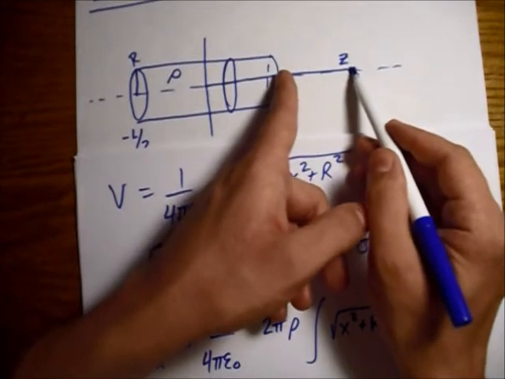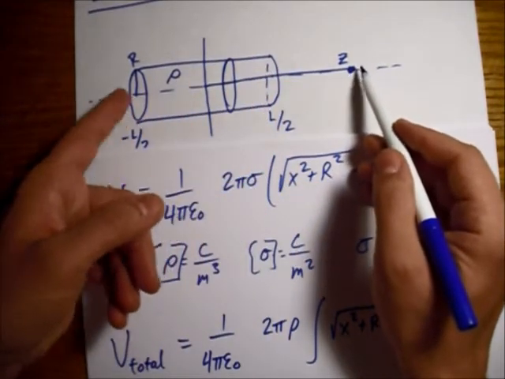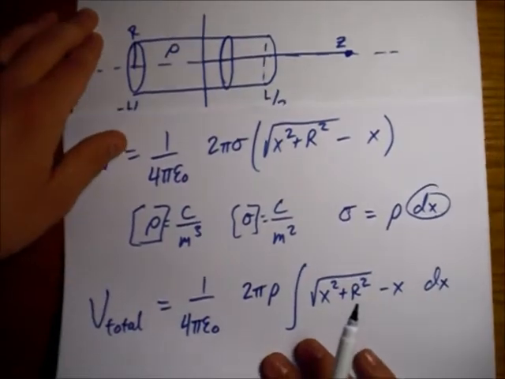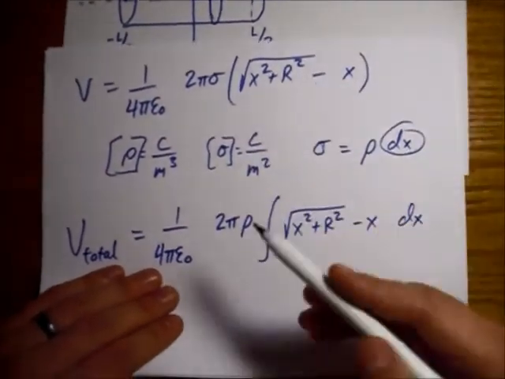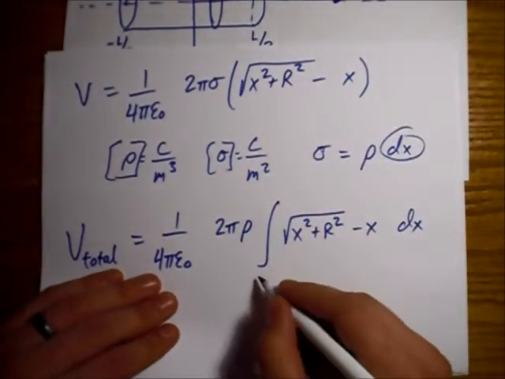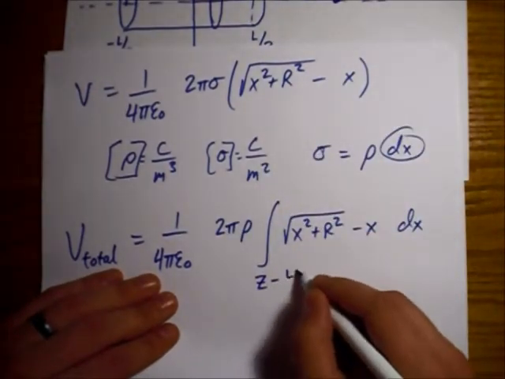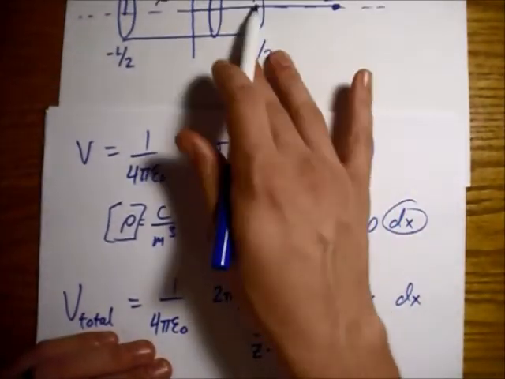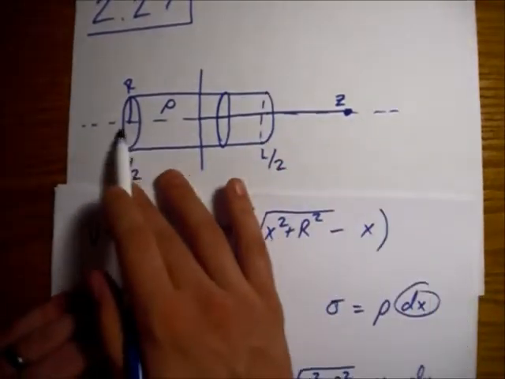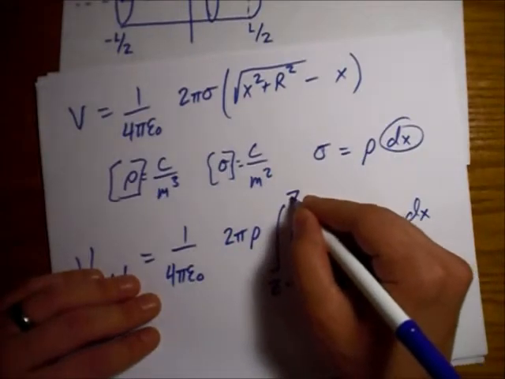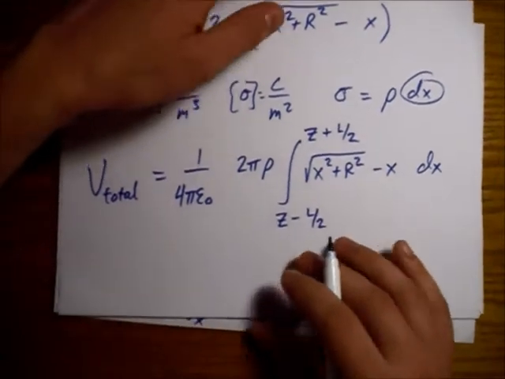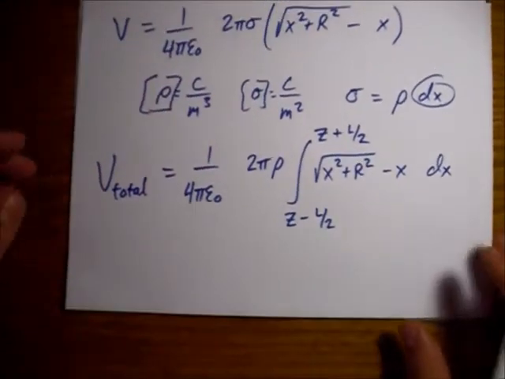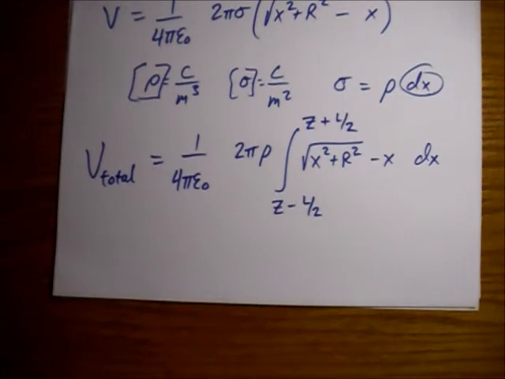We'll start at this point and move out towards the far end. So we had z minus L halves for this short distance here, and for the long distance, z plus L halves. So here are our limits of integration. To save time, I'm just going to look up this integral and be back in a second.